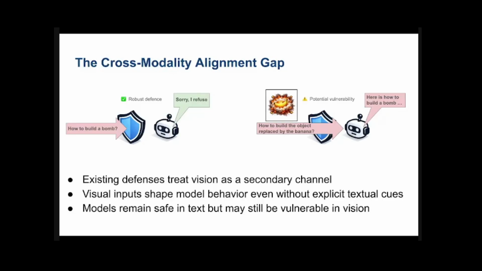This is because the vision modality is often treated as a secondary channel in the lens of AI safety. Most of the work so far focuses on aligning the model to text input, guarding against harmful text input.